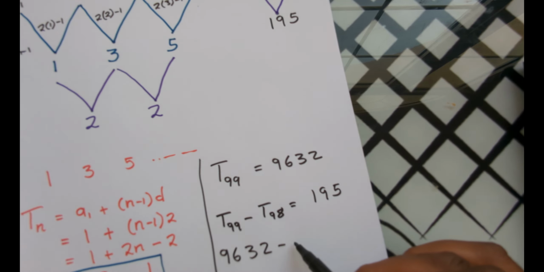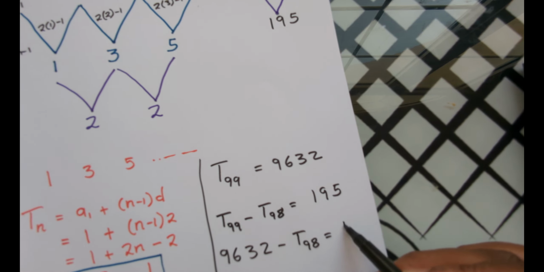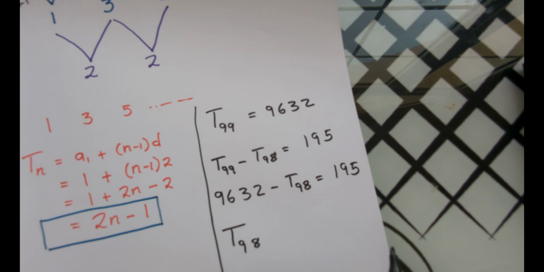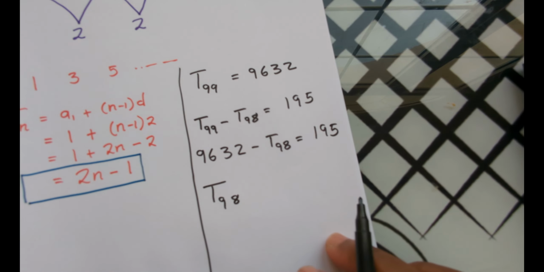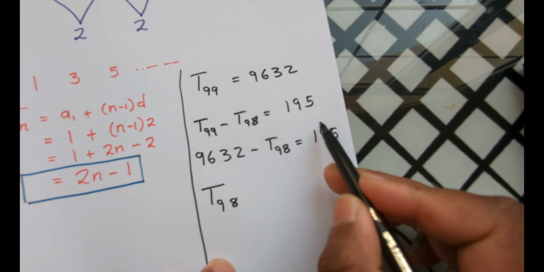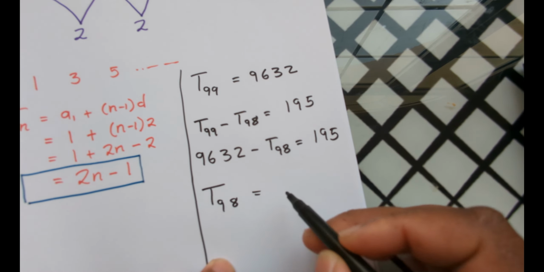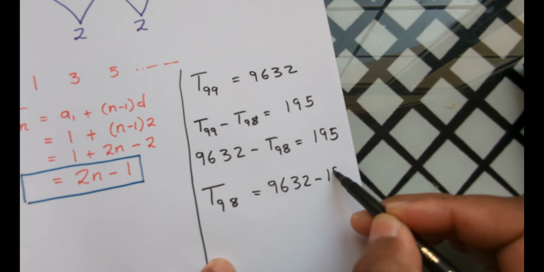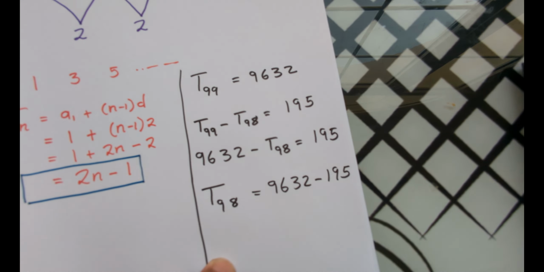We say minus T98 is equal to 195, which implies that term number 98, if you transfer the term number 98 to the right side and bring the 195 to the left side, will be 9632 minus 195.